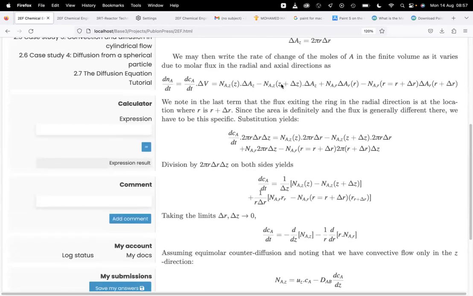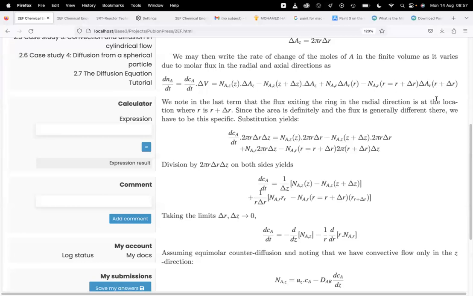So that's in and out flux in the axial direction. And then in the radial direction, we have N_AR at radial position R, and the area that's normal to that, so that inside curved surface. And then the radial flux out at R plus delta R.